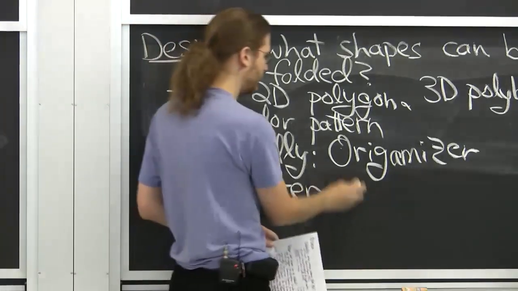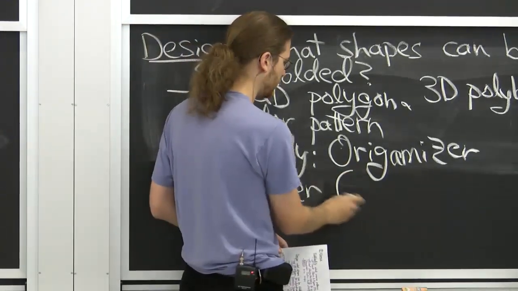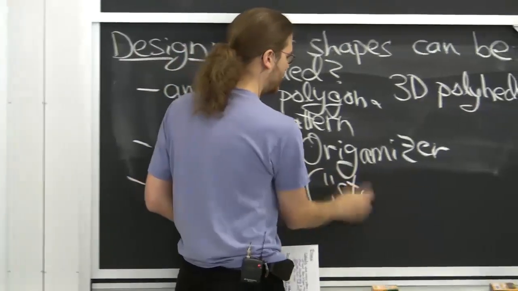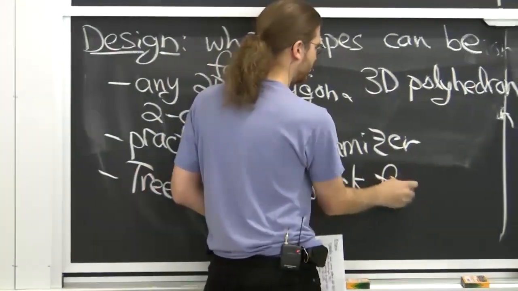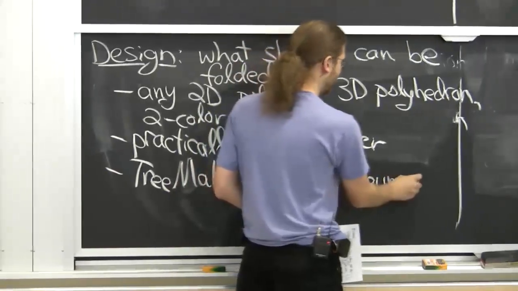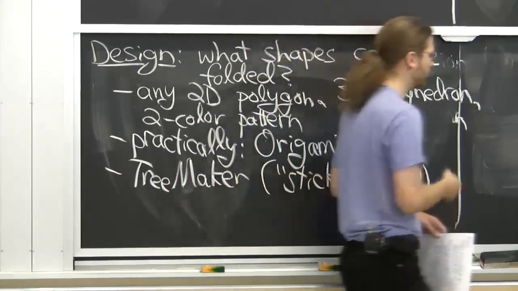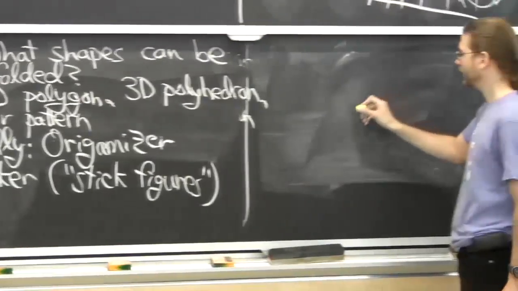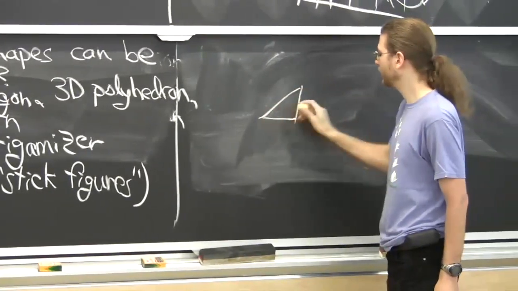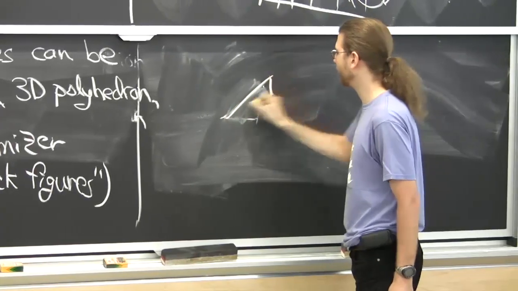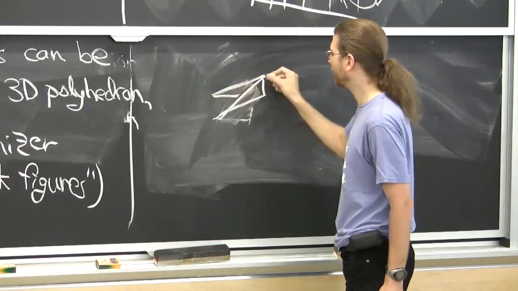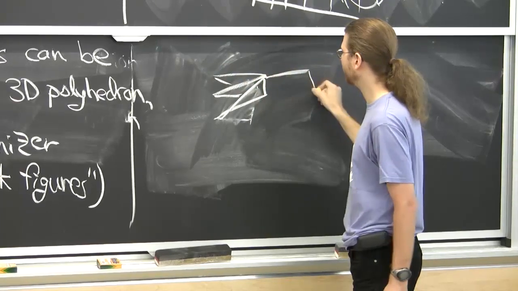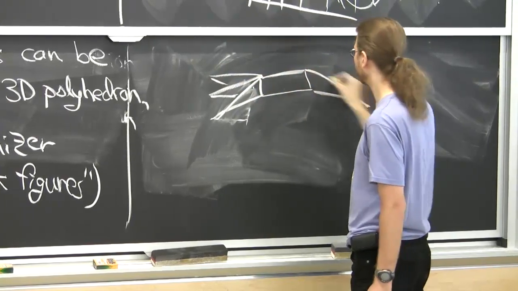And this is sort of making stick figures, which sounds a little silly, but Tree Maker, or the tree method, is powerful if I want to make what's called an origami base that has a lot of limbs in different places of different lengths.